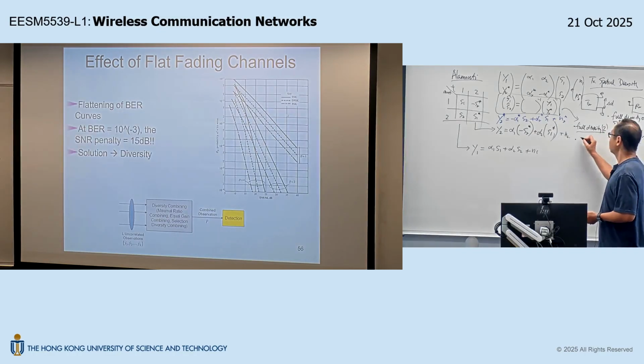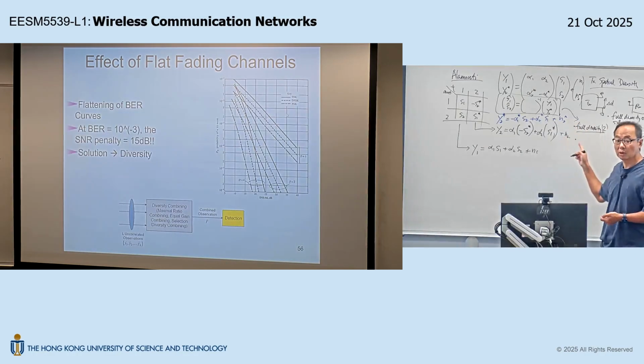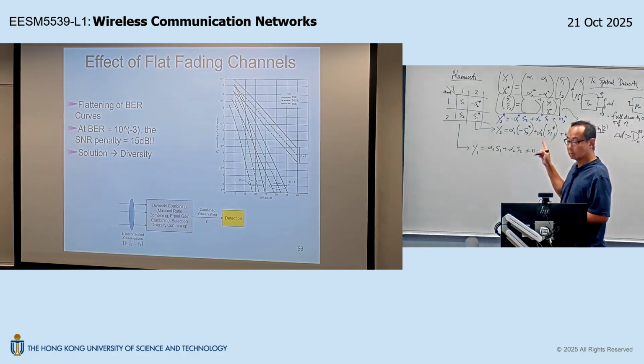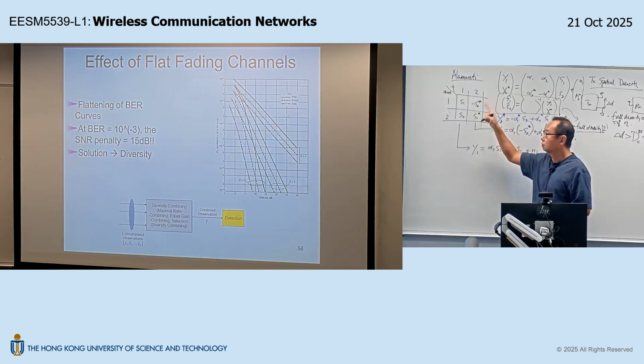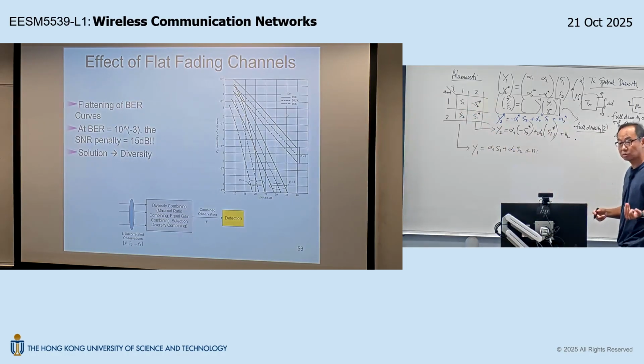And moreover, if you look at the rate here, do you have any penalty on the spectral efficiency? You use the channel 2 times, but how many symbols can you deliver? 2 independent symbols. So 2 symbols over 2 time slots. So you still have full rate, 100% spectral efficiency. Can you see that?